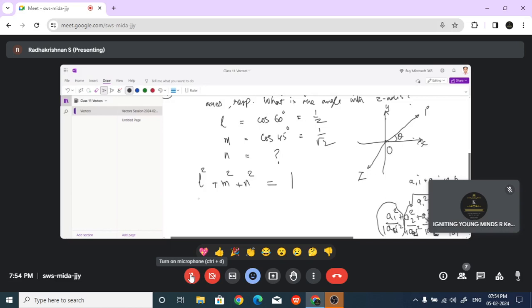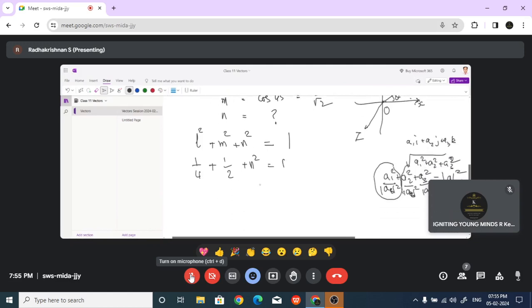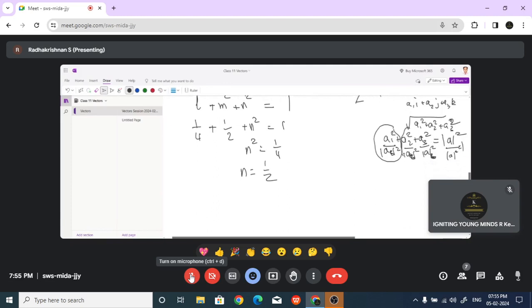So what is L square? 1 by 4. Yeah? M square. So from this you get N square equal to 1 minus half minus quarter. So N square equal to 1 by 4, so N equal to half. So cos theta equal to half.